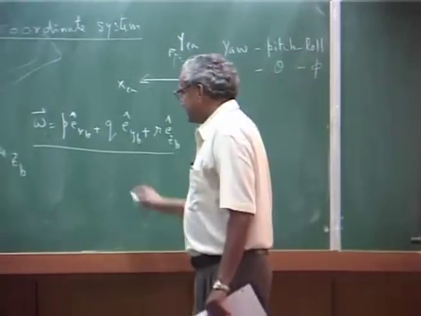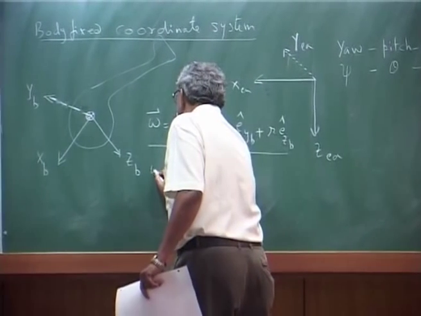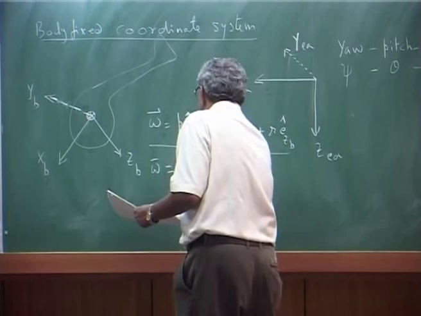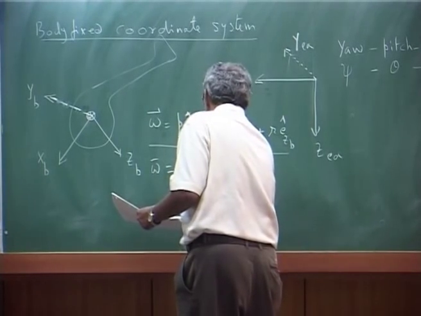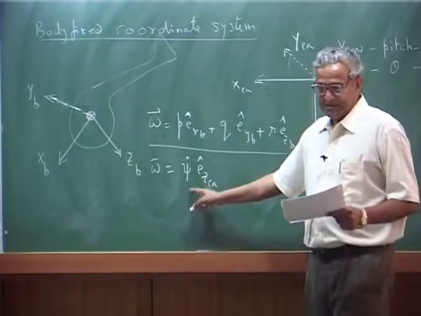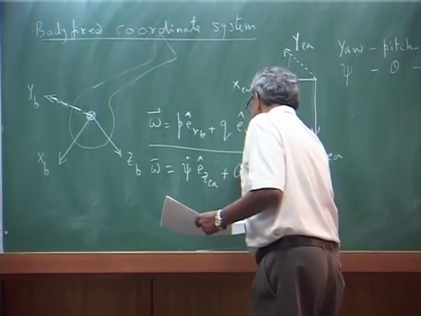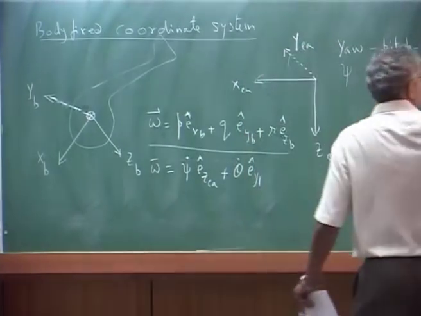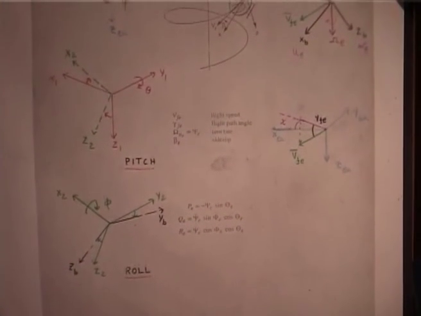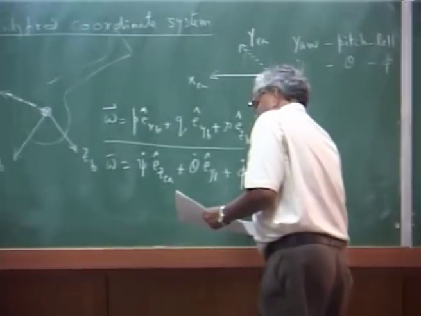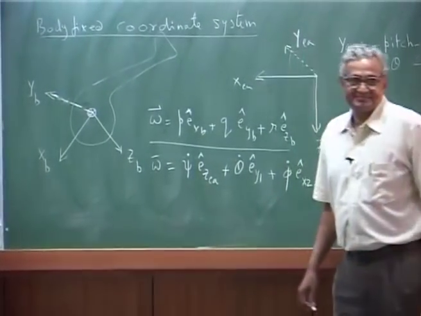You will find the same omega, you can write it as psi dot e_z earth, because this is with respect to the earth, plus theta dot e_y1, because theta dot is along y1, plus phi dot e_x2. Okay.